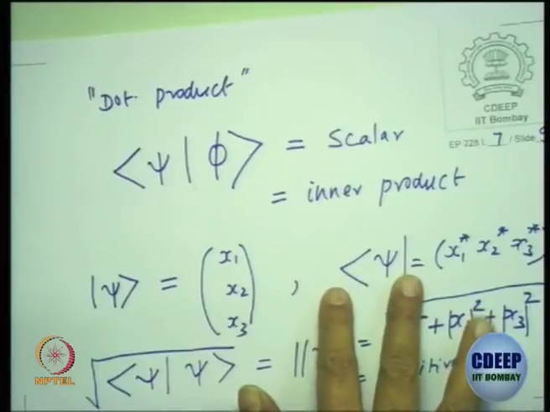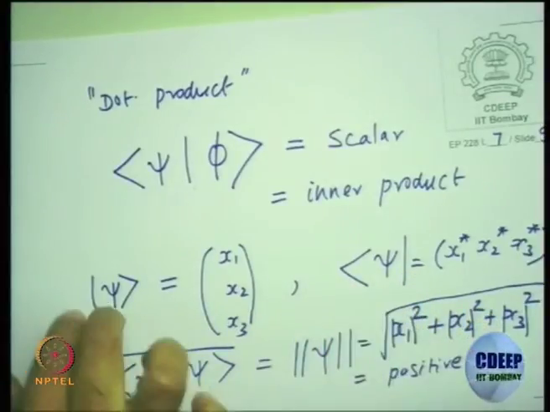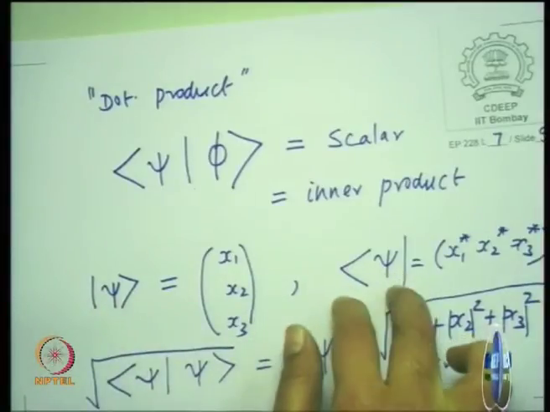The dual vector, which is denoted by this angular bracket, so this one is called ket, this one is called bra.